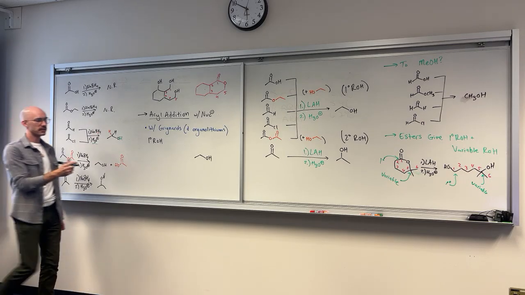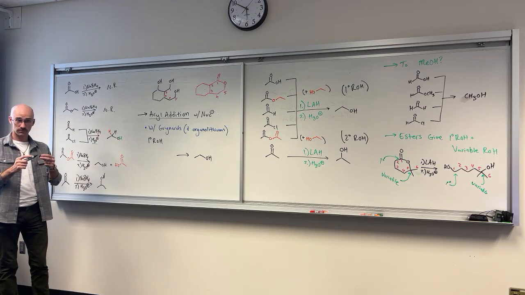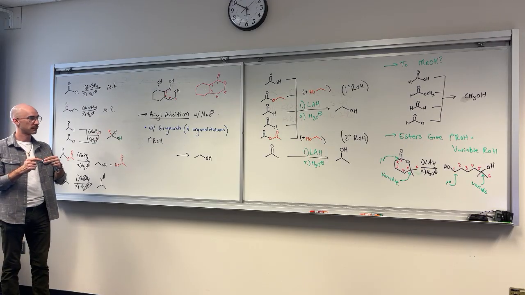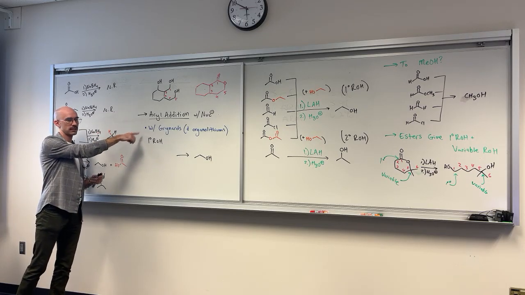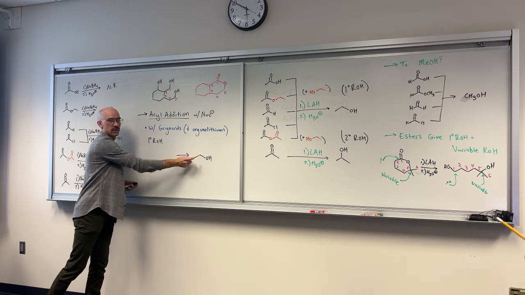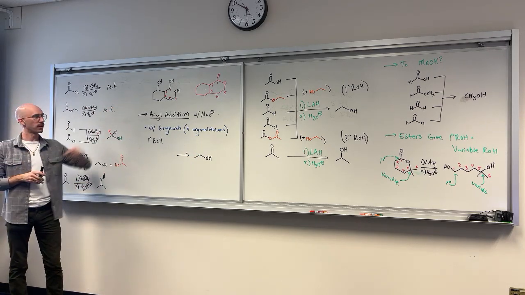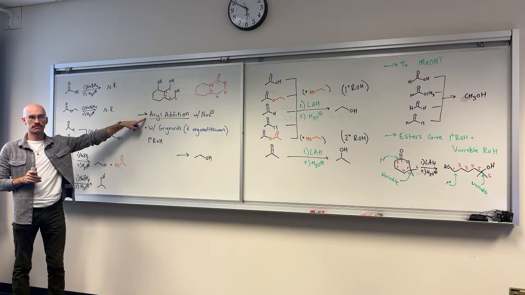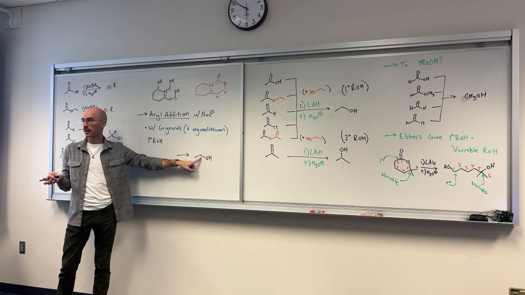In that product, which carbon is the carbonyl carbon? Yeah. We're synthesizing alcohols. We're doing it by Grignard acyl addition. I want to make a primary alcohol. Here it is. Which of those carbons was the carbonyl carbon of acyl addition? The alcohol carbon, yeah?